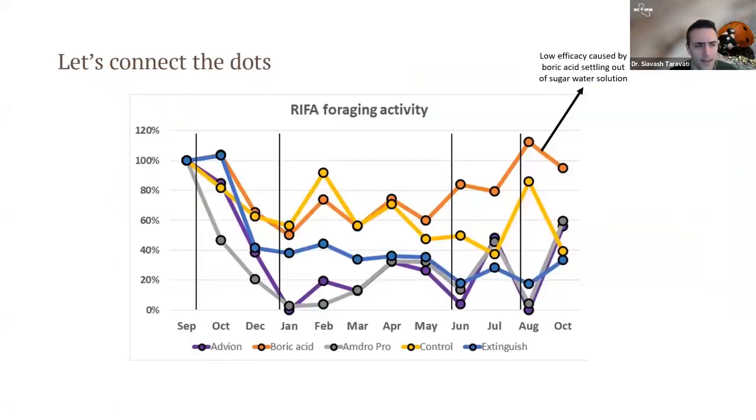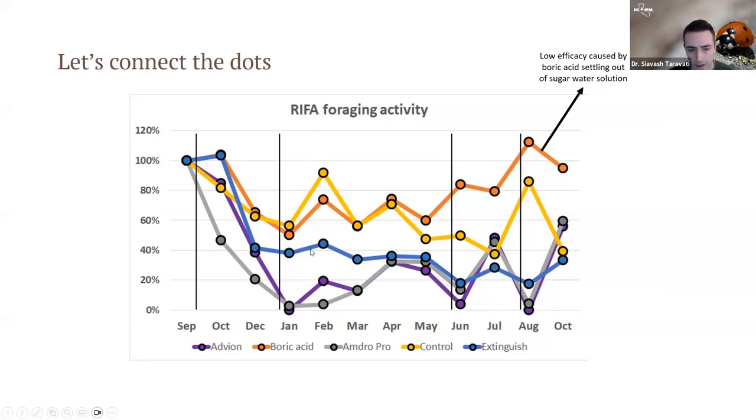This is a study that I did on fire ants, and you can see that some of the nerve toxins like indoxacarb, and even the energy disruptors, worked really fast after each vertical line, which is a treatment. The blue line shows Extinguish, which is an IGR.